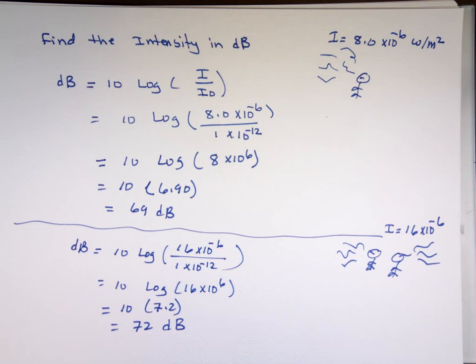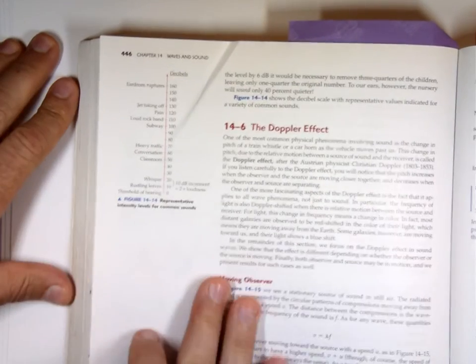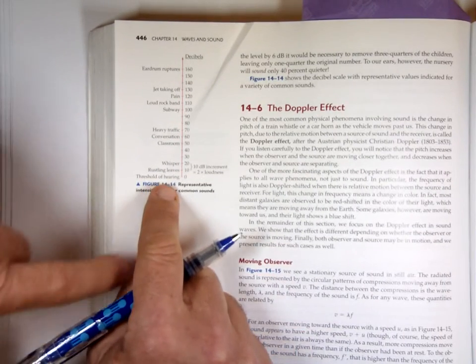I have a chart somewhere. Oh, here we go. I knew there was a chart. Ready for these numbers? This is the chart. The lowest noise we can hear is 0 decibel.